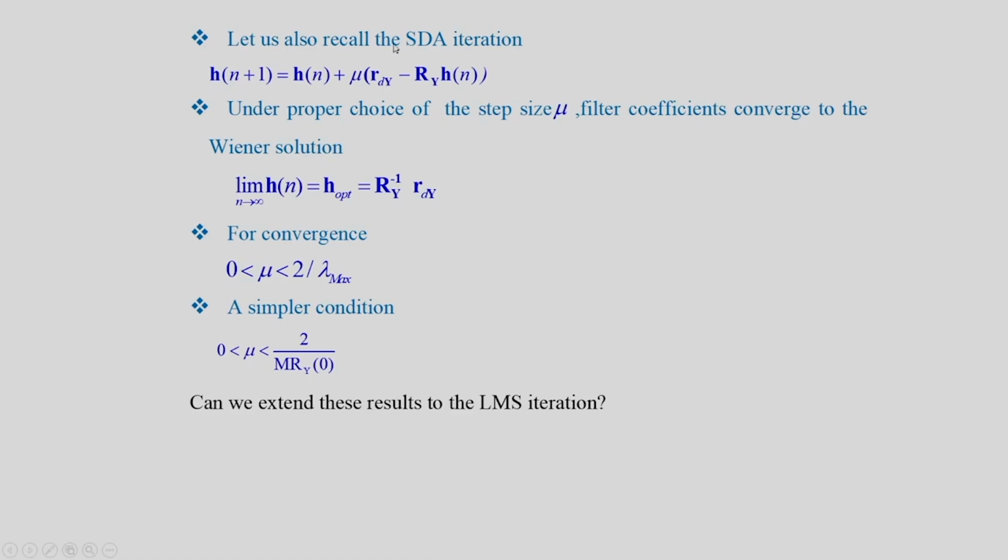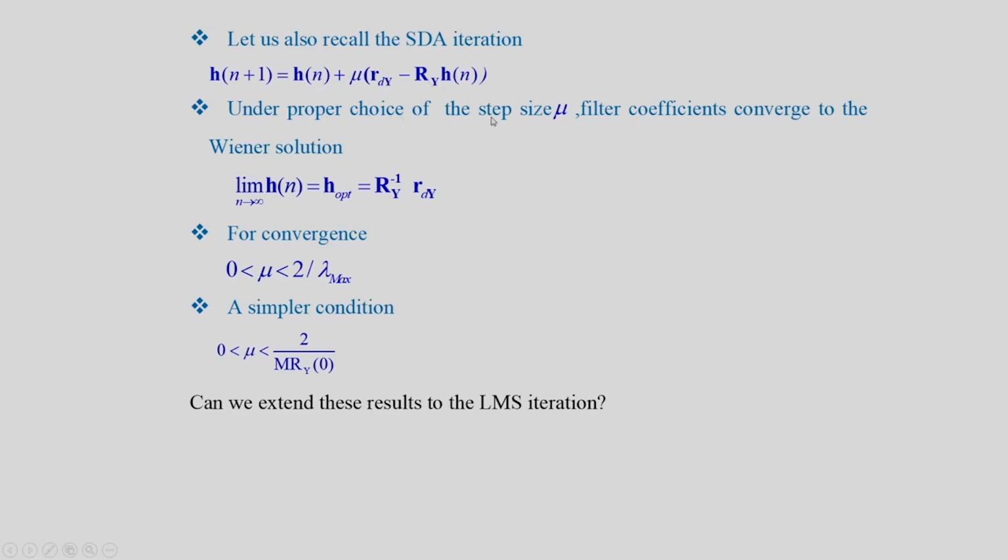Let us recall the SDA iteration. h(n+1) is equal to h(n) plus mu times (Rdy minus Ry into h(n)) vector, where Rdy is the cross correlation vector and Ry is the autocorrelation matrix.